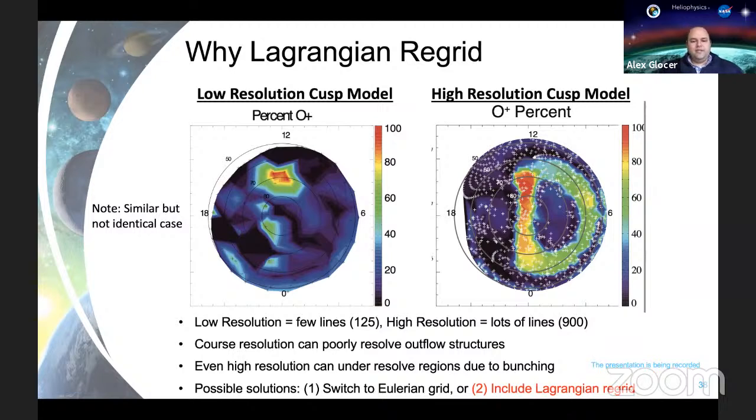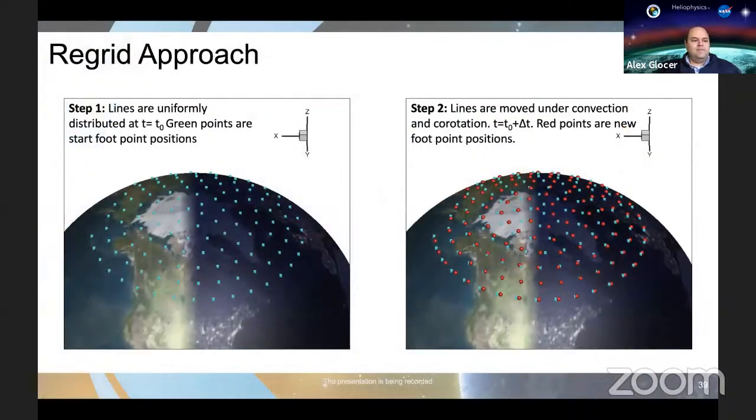So one is you can switch to an Eulerian grid instead of this Lagrangian approach. And the other is you can resample your grid periodically, this Lagrangian regridding, or sometimes Lagrangian remap, it's called. And this second one is what I've started to implement in Plume. And the approach is relatively straightforward.